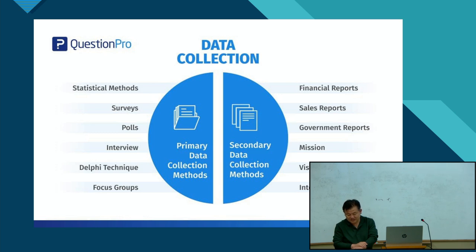Before you begin collecting data, you need to consider something. First, what is the aim of the research? Also, what type of data will be collected? Also, the method and procedures you will use to correctly store and process the data.